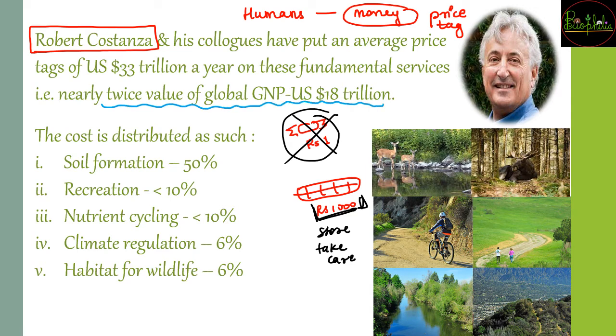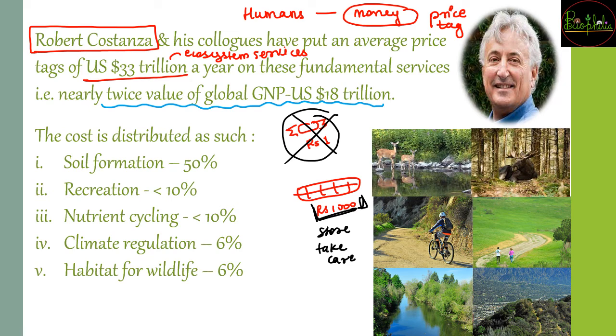So the average price for the ecosystem services was given as 33 million US dollars. So that was the price tag given for the ecosystem services, और उनका जो global GNP कितना है, it is going to be 18 trillion US dollars, which is almost half of the price tag given to these services.